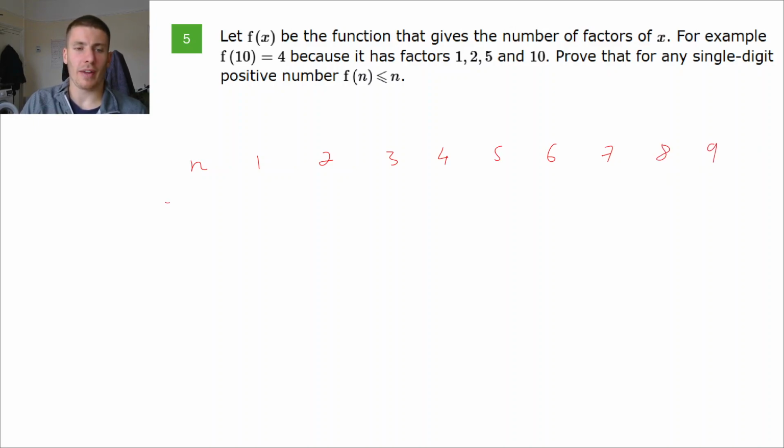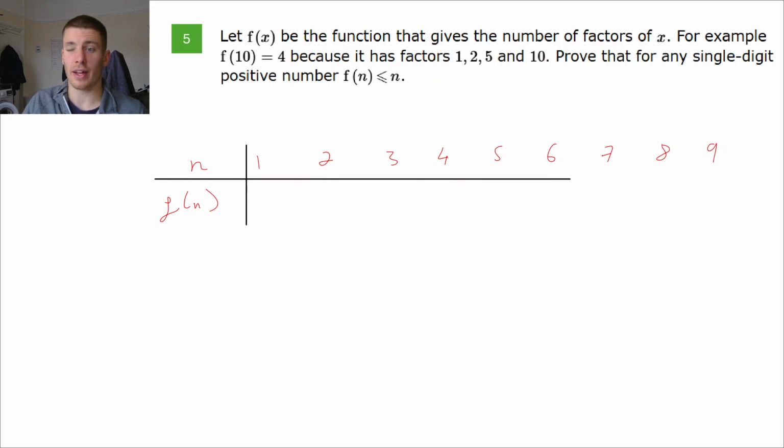And then below, we're going to have f of n, and we're going to show that the number of factors is either equal to the number itself, so less than or equal to, or less than that number. So this is telling us how many factors our numbers have got.